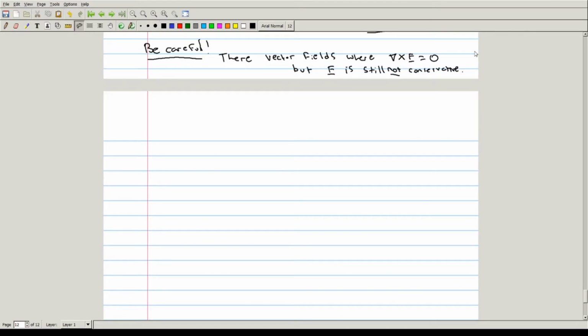So we defined a conservative vector field as a vector field for which there exists a scalar potential for that vector field. We can now also define what's called a purely rotational vector field.